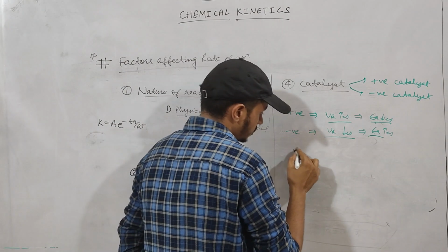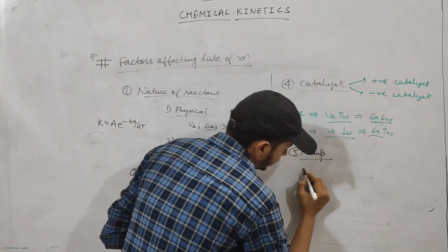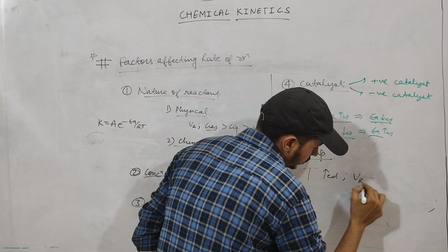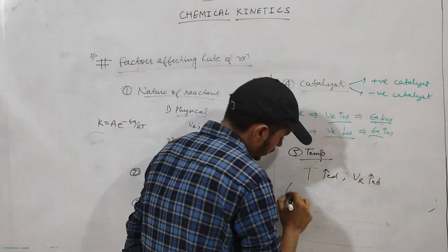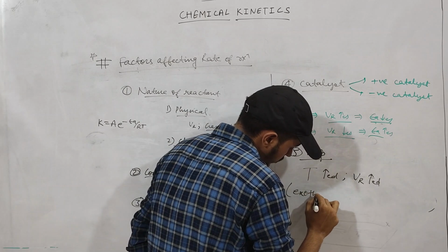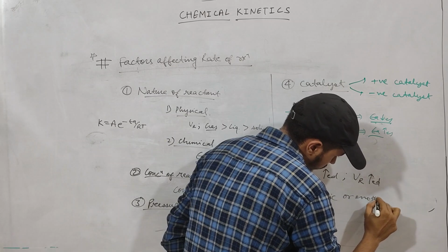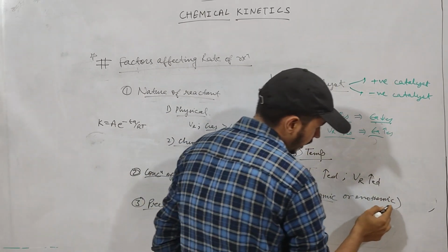The fifth point is temperature. When the temperature is increased, the rate of reaction also increases, for every type of reaction, either exothermic or endothermic. So what is the difference between exothermic and endothermic?